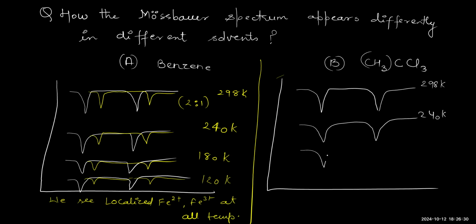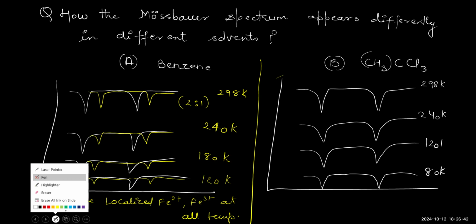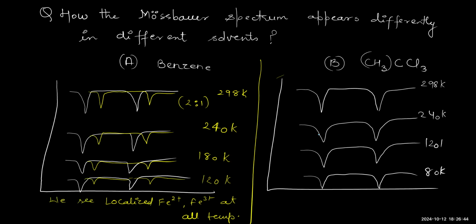Then we have, and next is 120 and 80. So the different color. At 240 we saw a peak has started forming at the same place. Now at 120 it started distinguishing, a small peak started coming, and at 80 Kelvin it was clearly visible, right?